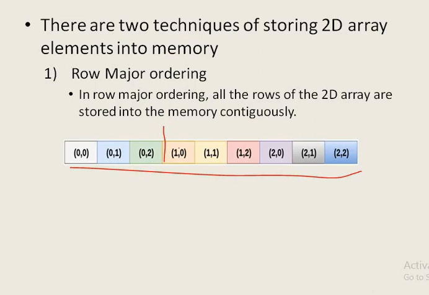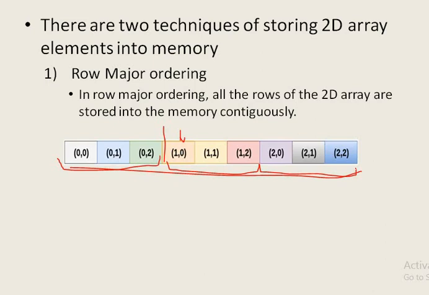Then in the next contiguous positions, the second row elements will be included. So here all the three elements in the first row are represented, then comes the second row elements, and after that in the contiguous memory space you will be storing the third row also. So this is how memory representation of a two-dimensional array appears in row major ordering.